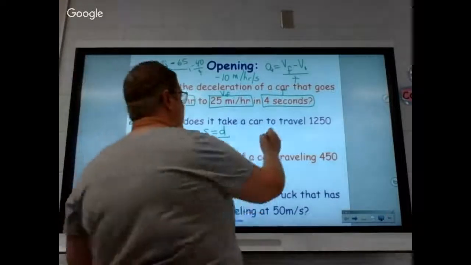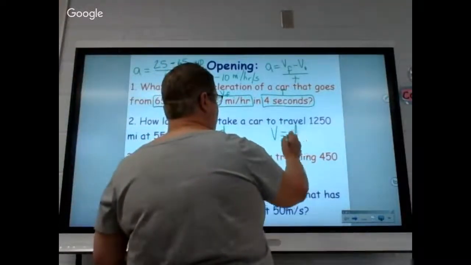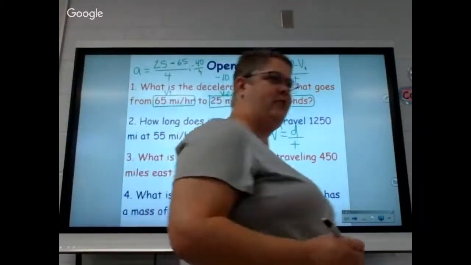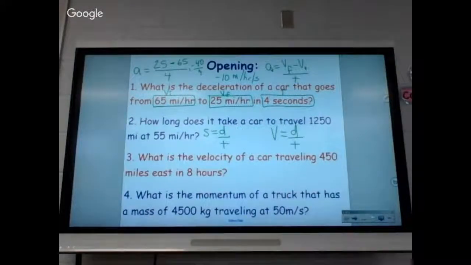There you go. Now, this is one of the connections that I've been trying to get y'all to understand. Speed and velocity are what? The same. So do you have to pick one or the other? No, you can use either one. Which one is on the reference table, Chris? That's the one that's not on the reference table.